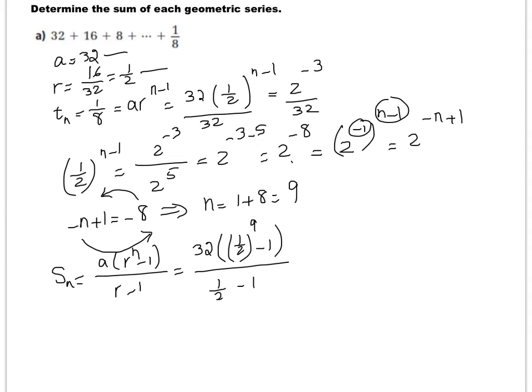Now if you use your calculator and simplify this one, we are going to find that it is equal to 511 over 8. So the sum of the terms here is 511 over 8.